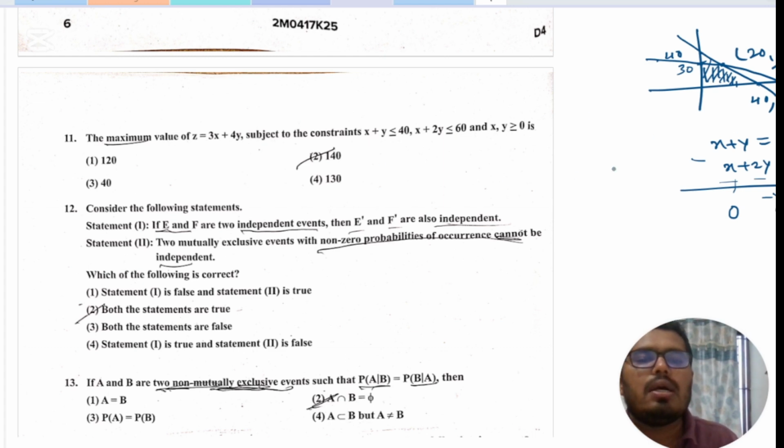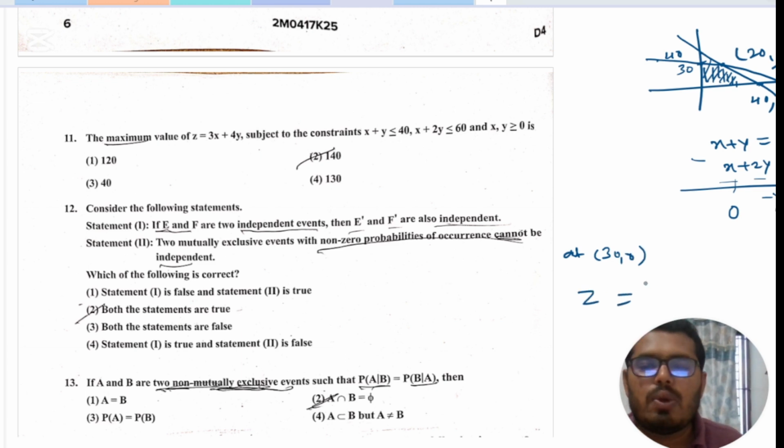Then you check the maximum value at these points. What are the points here? 0 comma 30, 40 comma 0, and 20 comma 20. At the point 30 comma 0, what is the z value here? The z value is 3 into x equal to 30, which is 90.